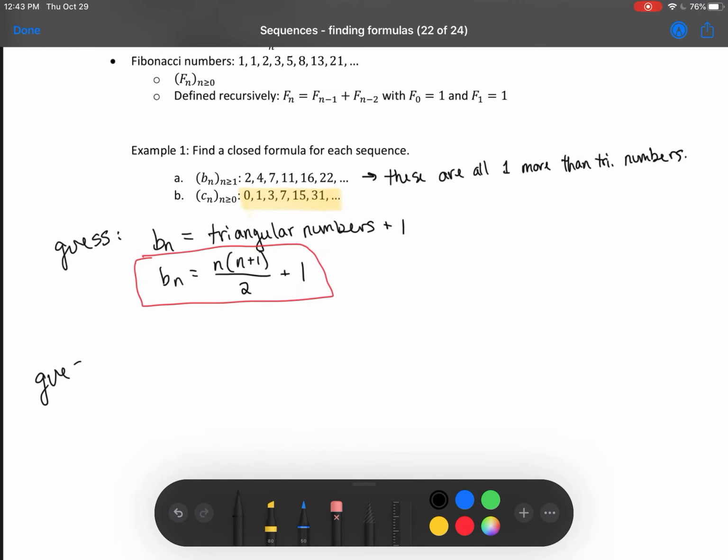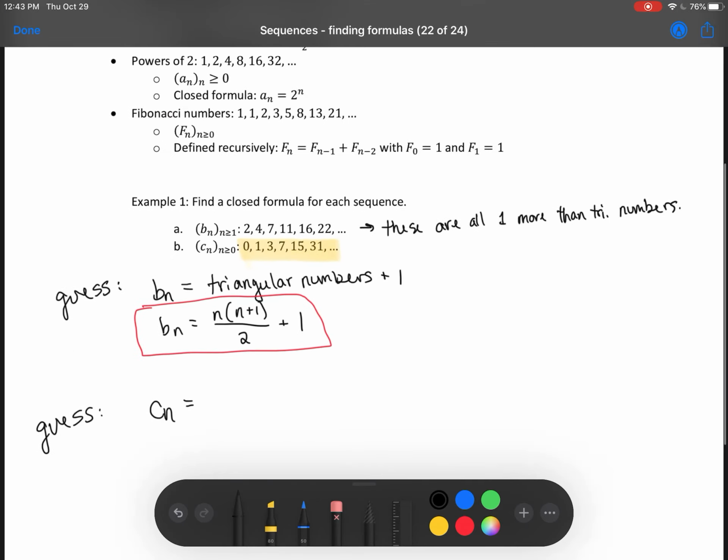So what does that tell us? That tells us that our guess for C sub n would be the powers of 2 and then take away 1, right? So we want to subtract 1 this time. All right, well, what is the formula for the powers of 2? That's a sub n equals 2 to the n.